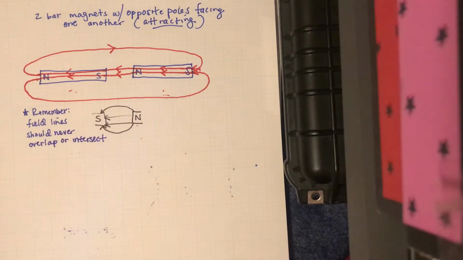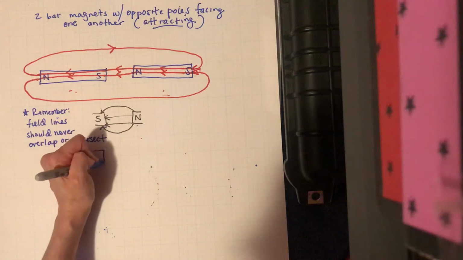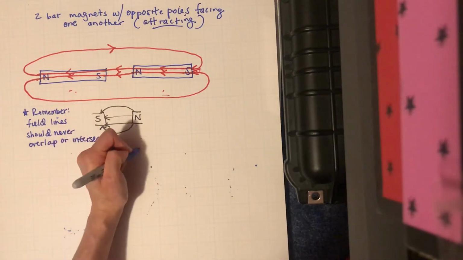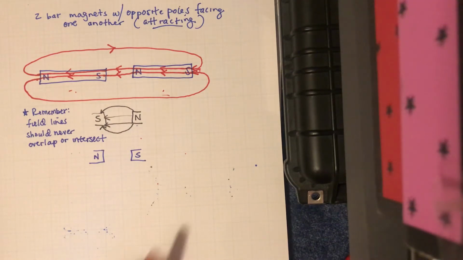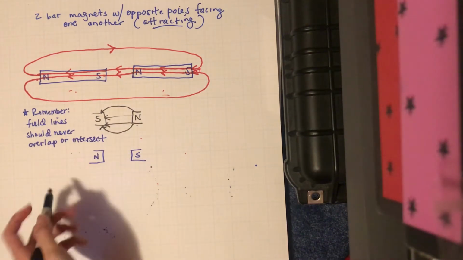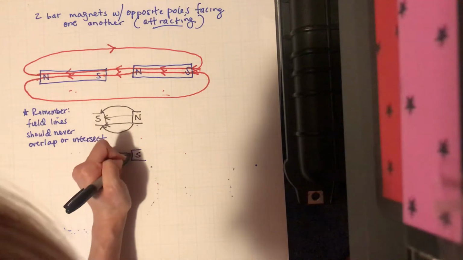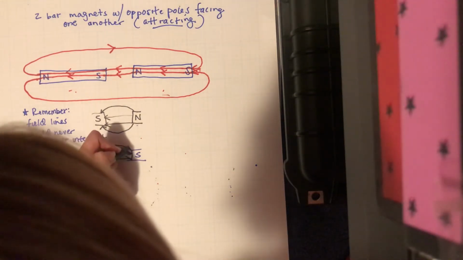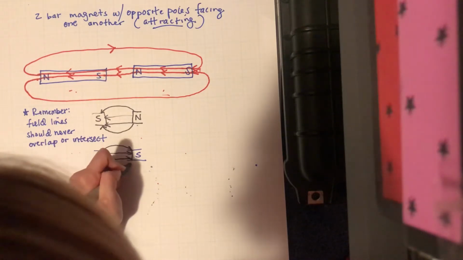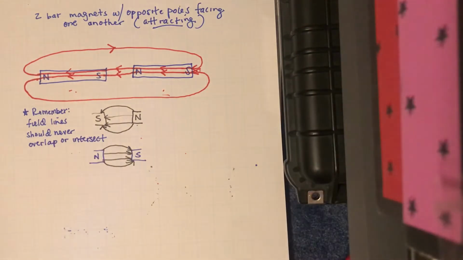Now, if we were to flip this situation around and have north on this side and south on this side, remember that we always are going external to the magnets from north to south. So north to south, north to south, north to south, north to south. Okay?